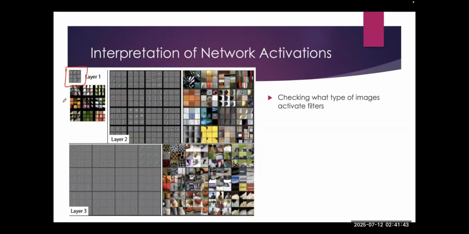In this bottom picture, you can see what kind of image components activate the first layer filters that I have shown. As you can see, these in fact are image components that capture edges. So the first layer of AlexNet was basically scanning through the image to see whether there were image components that captured edges. If there were edges, there was a positive response.